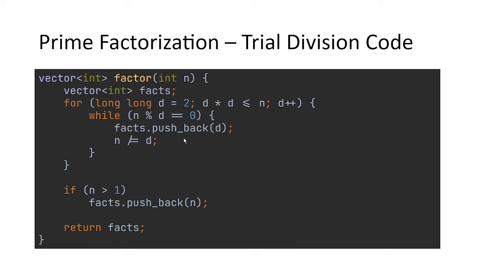This is similar to the method which we used to find the prime factors by hand back in school. We just keep dividing the number n by d and then store the d in the facts vector. Any doubt in this part? For loop part.